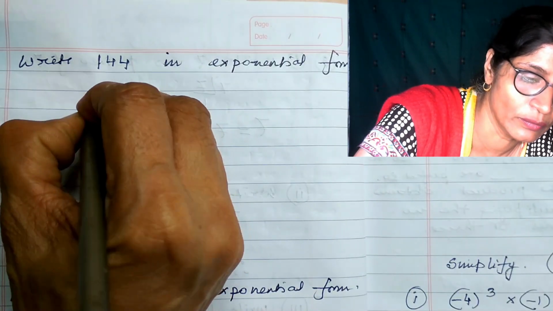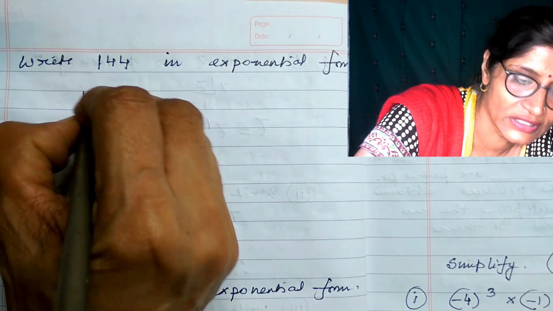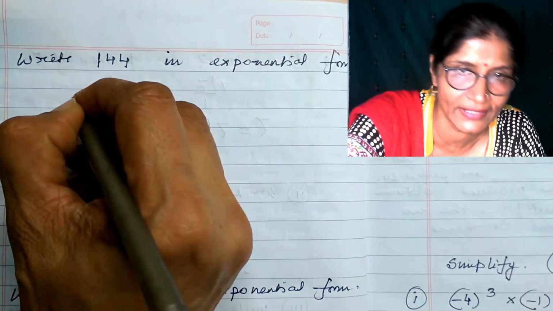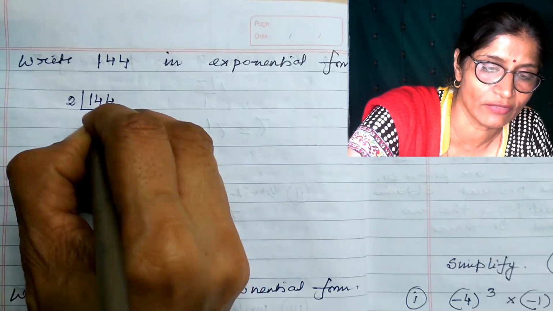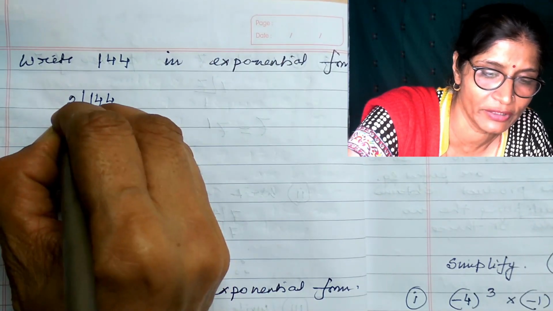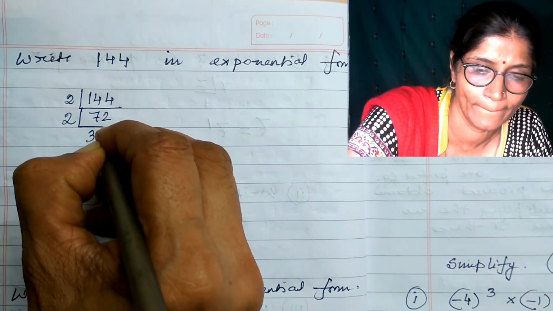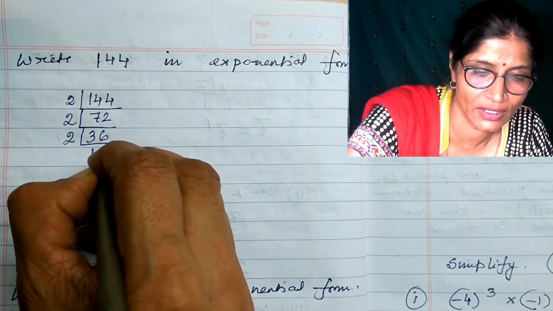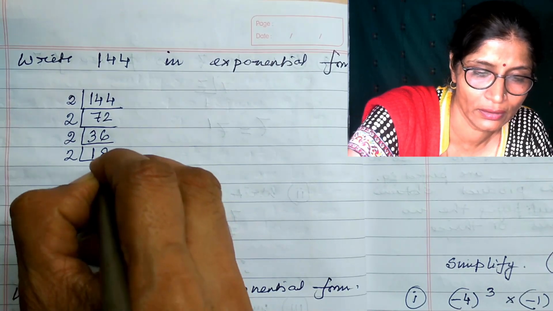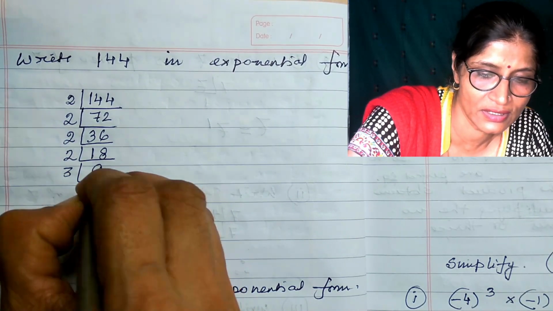So what you will do? 144, start with the prime factor, that is 2. Okay, 2. 2 7s are 14, 2 2s are 4, again it will be divisible by 2, 2 3s are 6, 2 6s are 12, then 2 18s are 36, 2 9s are 18, then 3 3s are 9.